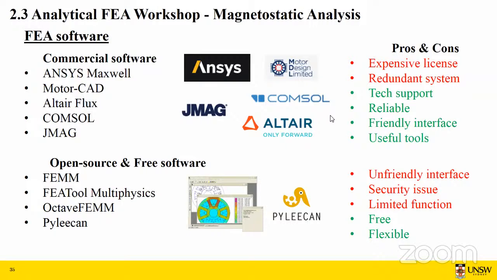But the advantage is that you can get very comprehensive and very good technical support. They are normally very reliable. They have a very user-friendly interface, and they have some useful tools because they improve by listening to customers' feedback. They develop new tools. On one hand, it's good to have all these tools, but on the other hand, it slows your system, okay?